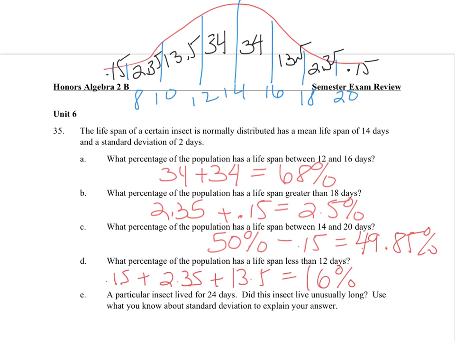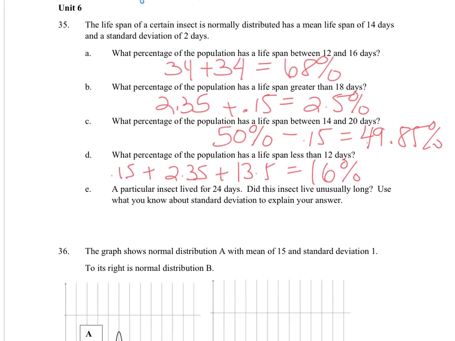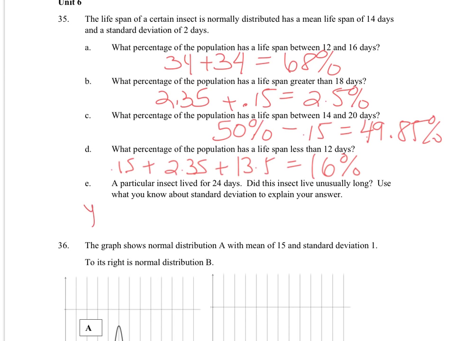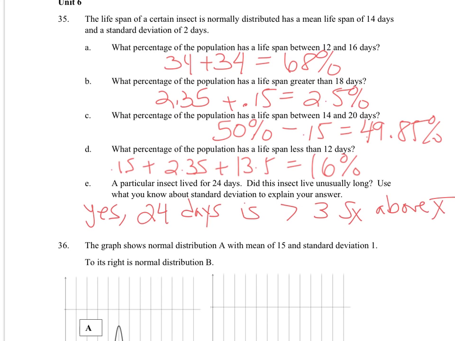And if a particular insect lived for 24 days, does it live unusually long? Yes, because that is more than 3 standard deviations above the mean. Say yes, 24 days is greater than 3 standard deviations above the mean.